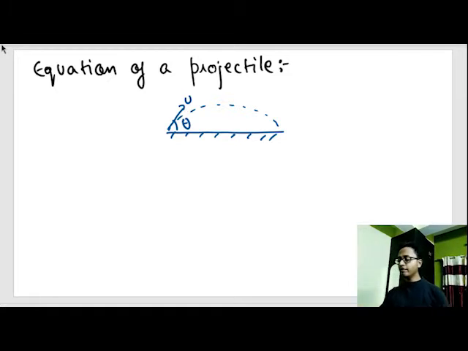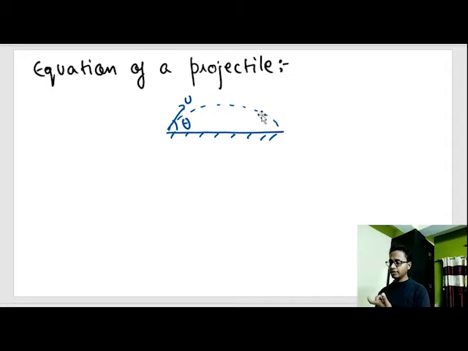Whenever you want to find the coordinate of y at this position, we first have to find out time, then find y, or the coordinate x. Whenever you have to find the coordinate of position, first you have to find the time. Without time, you cannot move anything. So someone said, in this graph of projectile, I do not want to include the parameter of time. That means I want to include only the parameters y and x.